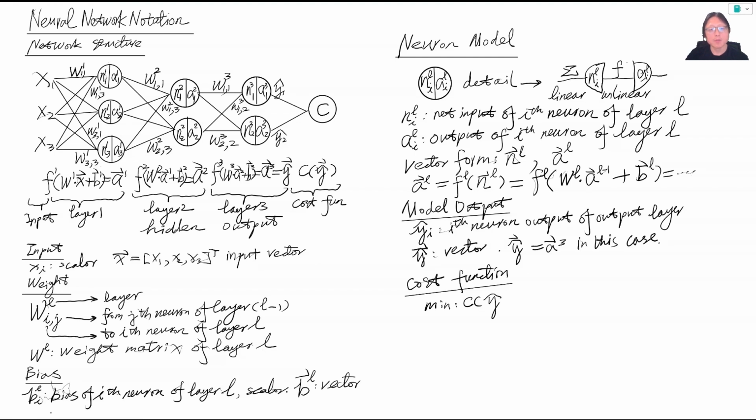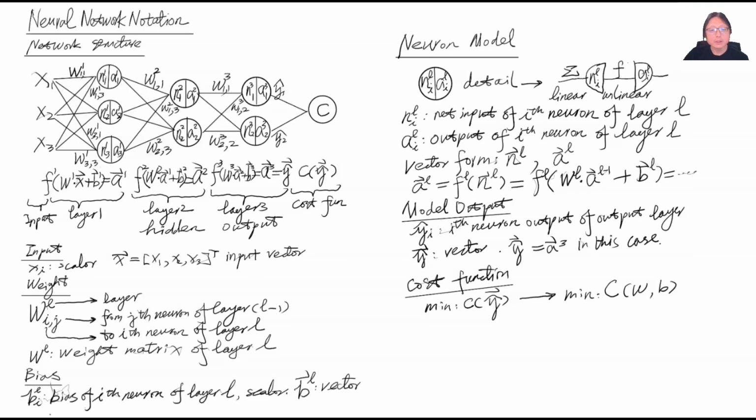The goal is to minimize the difference between your estimation and the real-world numbers. The unknown variables of the neural network model are the weight for each layer and the bias for each layer. So it's a minimization optimization problem with regard to the weight and the bias for each layer.